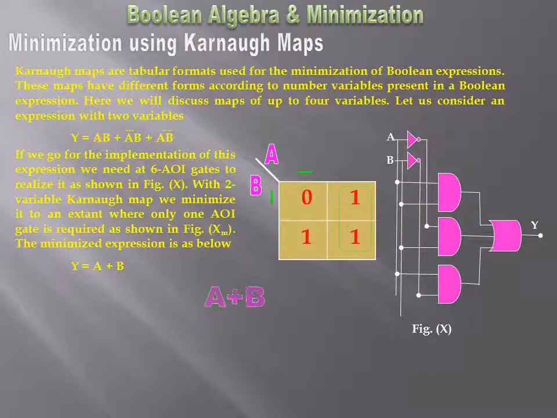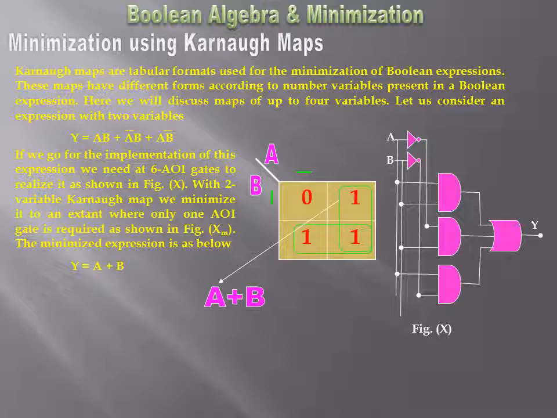If we combine the vertical ones on the right hand side, we see that they are a column, and B naught and B will vanish, so only the column variable will remain, that means A. So this pair now represents only A. We can have the second pair in the same way, which is a horizontal row in the bottom, which actually represents B, and A and A naught vanish.